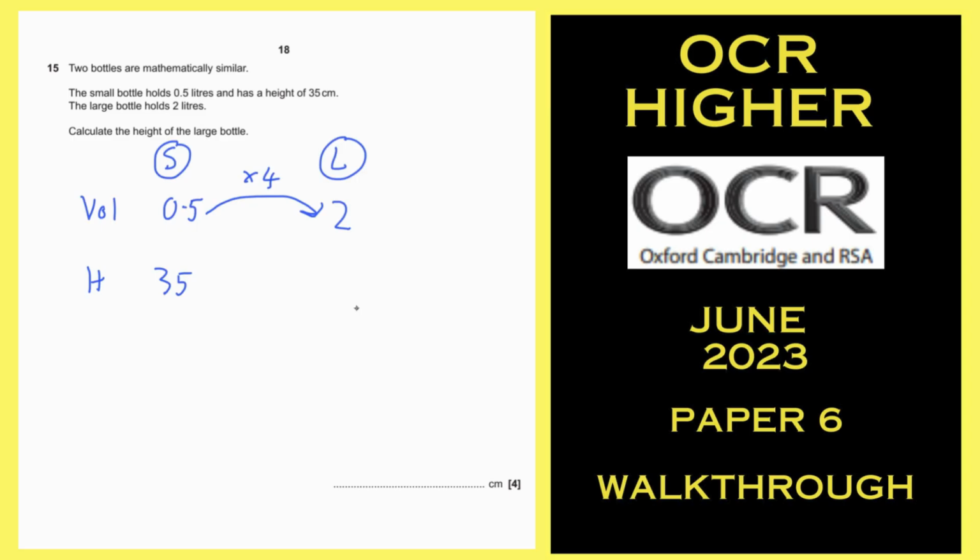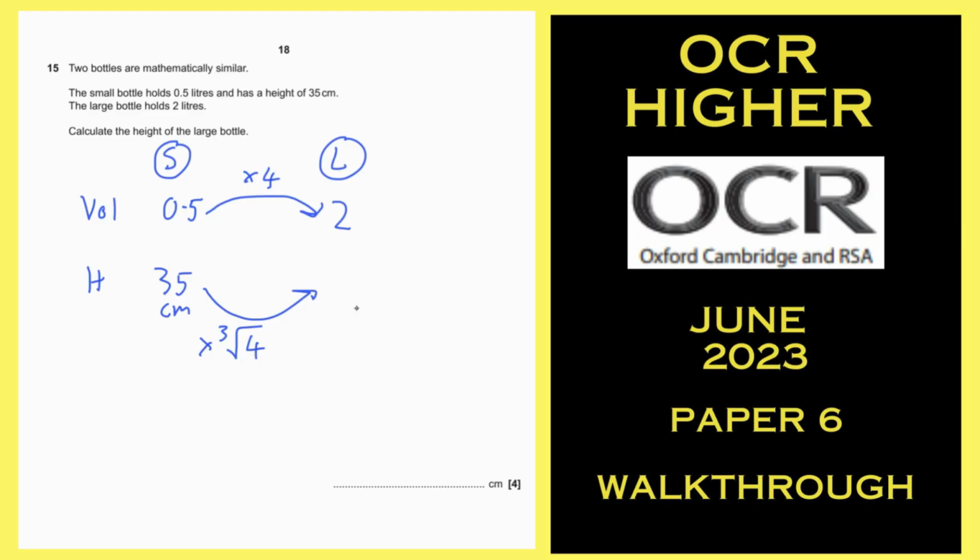Volume is working in 3 dimensions. Height is working in 1 dimension. To go from your volume scale factor to your linear scale factor, you must cube root it. And that's what you type on your calculator. You've now got 35 centimetres.